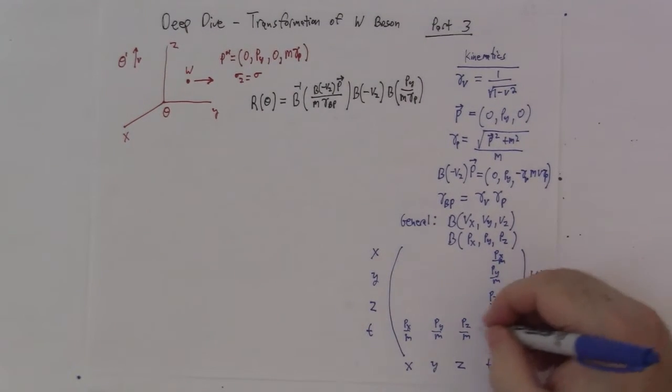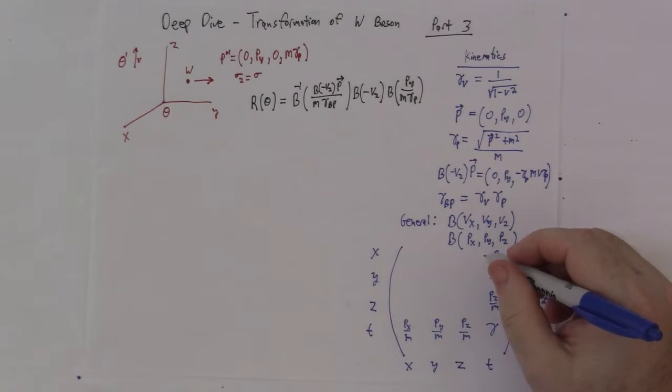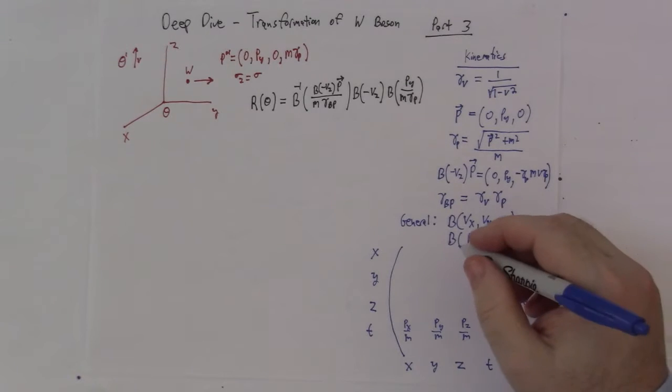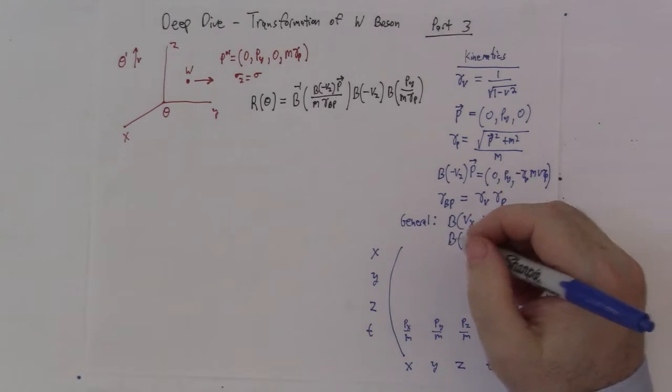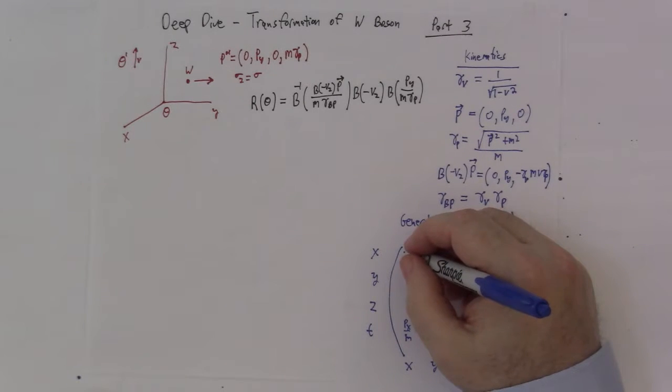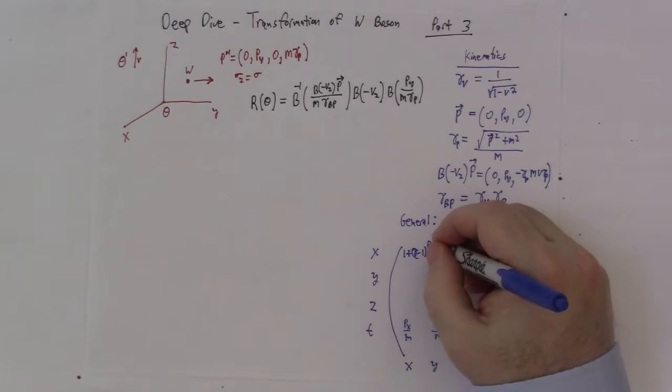It's always a danger in doing this because now I haven't left myself enough room to write out the x, y, and z components. So this matrix, the whole thing is symmetric basically. So I'm just going to write it down as 1 plus gamma minus 1 px squared over p squared.